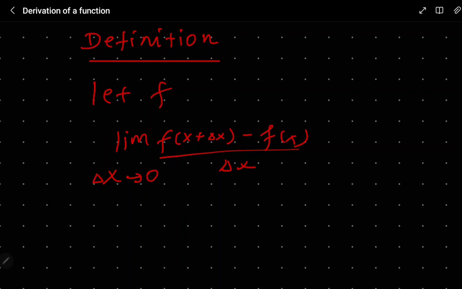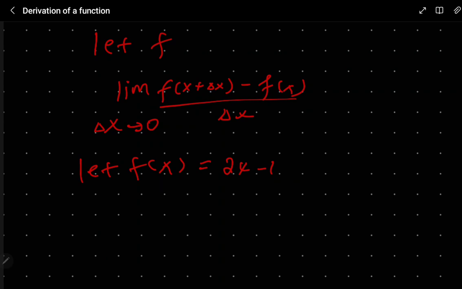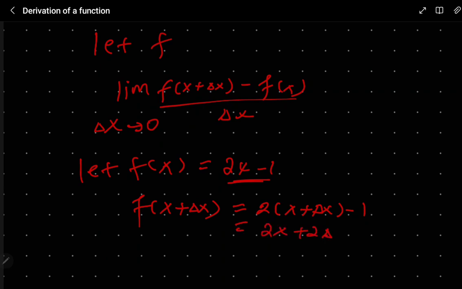Let us see this with an example. Let's say f of x is 2x minus 1. So what is f of x plus a very small change in x? That's going to be 2 times x plus change in x, minus 1, which is 2x plus 2 times change in x, minus 1.